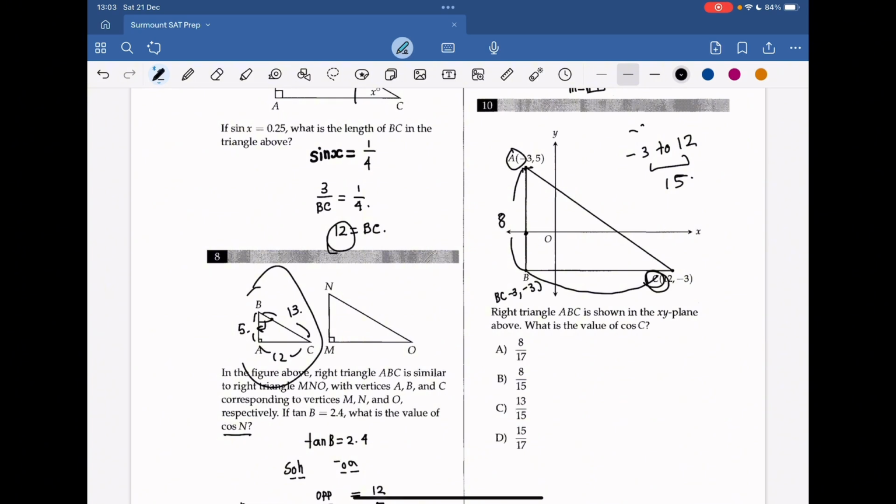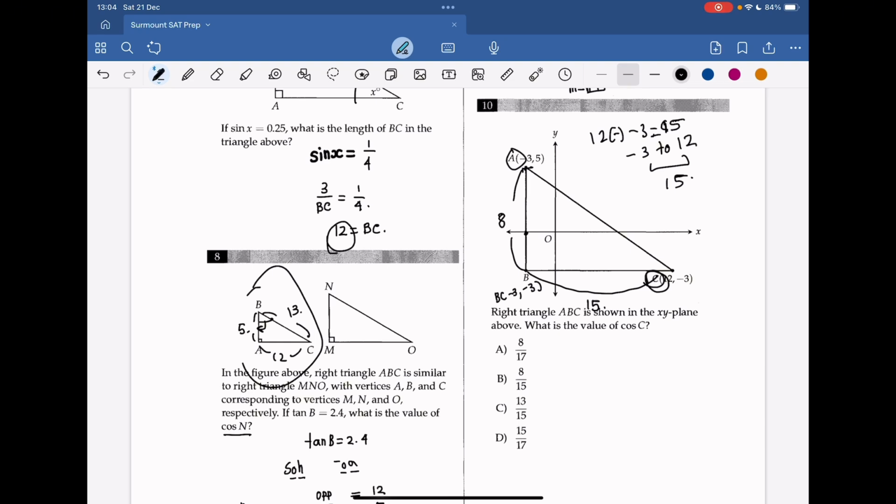We can also do 12 minus negative 3. So it's 12 plus 3, so we get 15. And remember that side lengths can never be negative if it's a triangle. So now we know that side AB is 8, and side BC is 15.